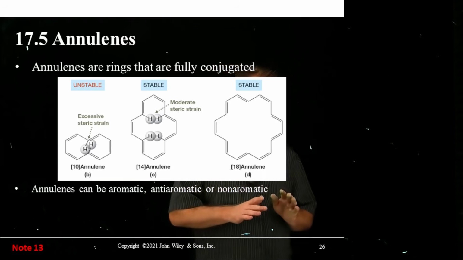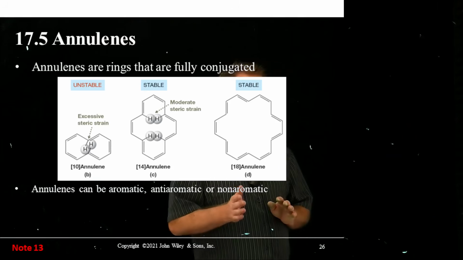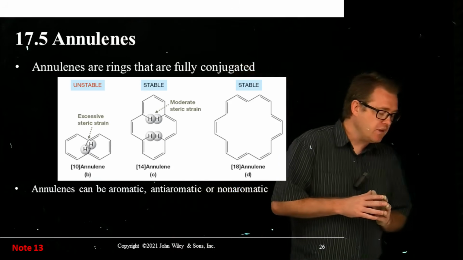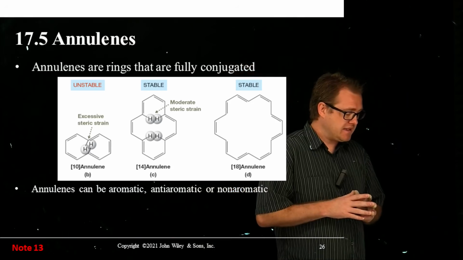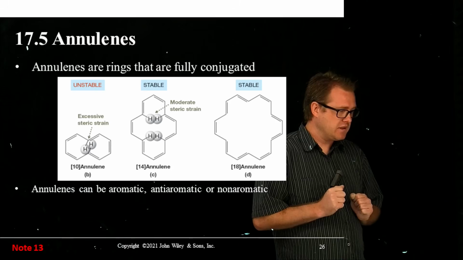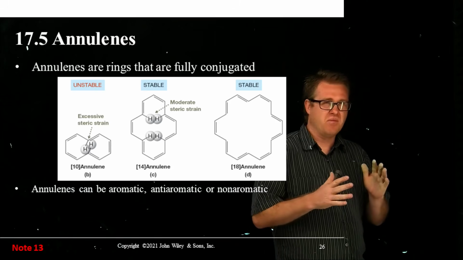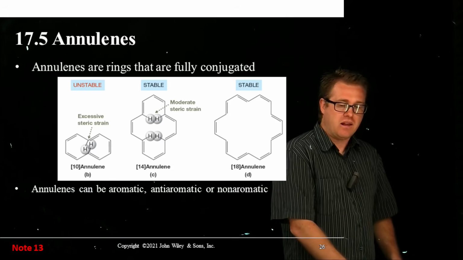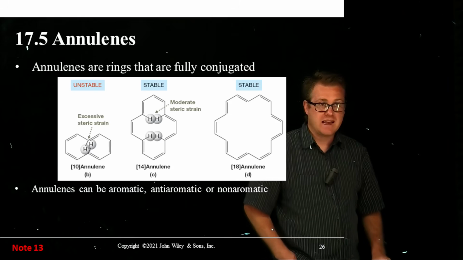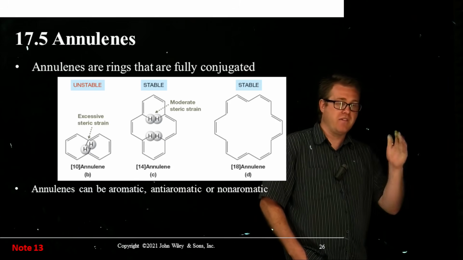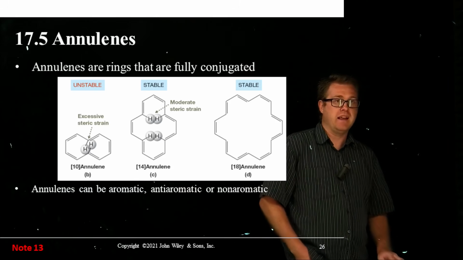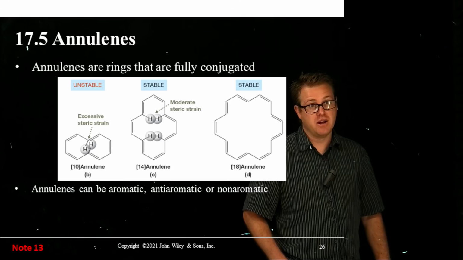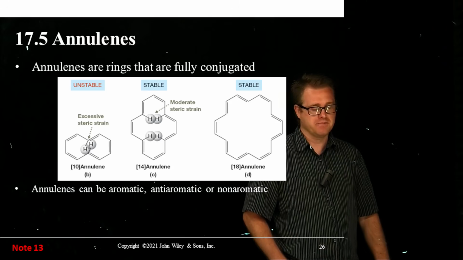But that steric strain is a mild steric strain. And so 14 annulene is aromatic because it follows all the Hückel's rules, and we're bending the rules a little bit when we're talking about if it's planar or not. It's mostly planar. Okay.